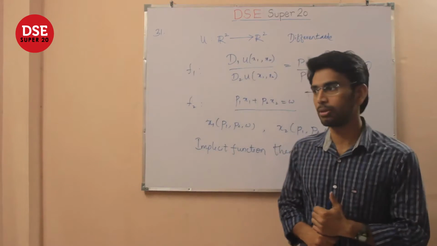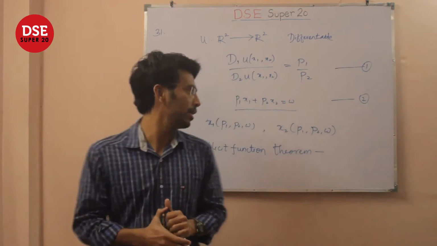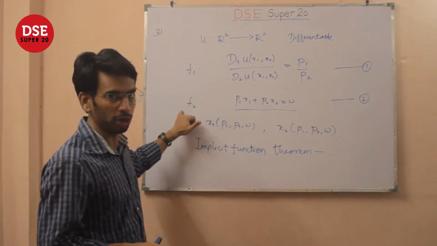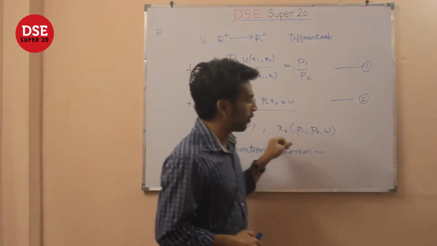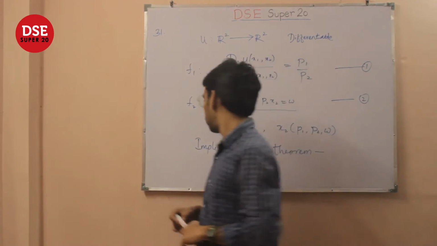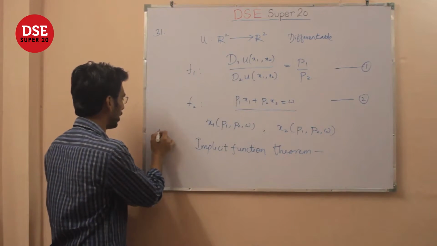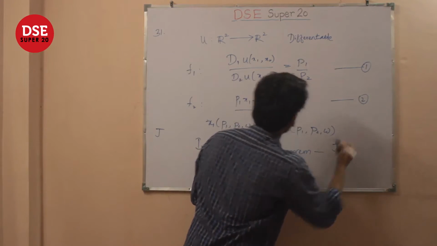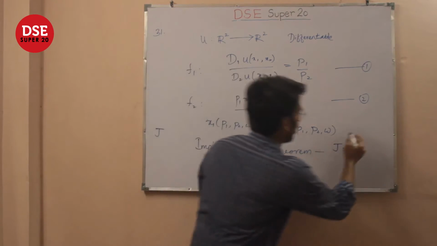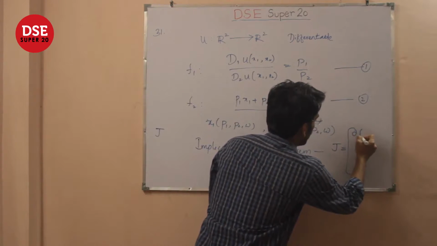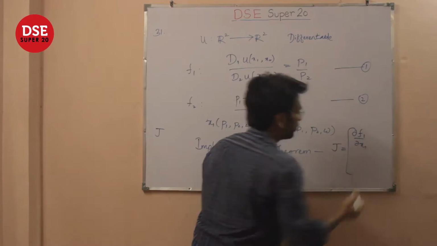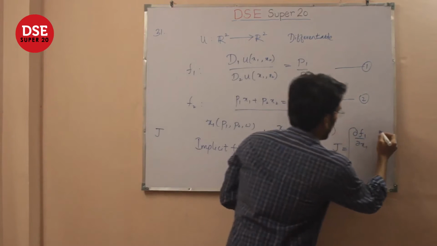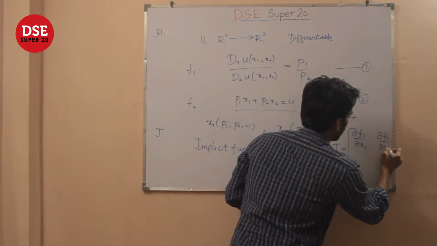Well, the implicit function theorem gives us a way of finding the choice functions. So since we have f1 and f2 here, for x1 and x2 to be continuously differentiable, what we need to do is find the Jacobian matrix J. Here J is defined by, I'll write it for two variables since there are just two variables here: del f1 by del x1, that is partially differentiating the function f1 with respect to the first variable, and similarly del f1 by del x2 with respect to the second variable.